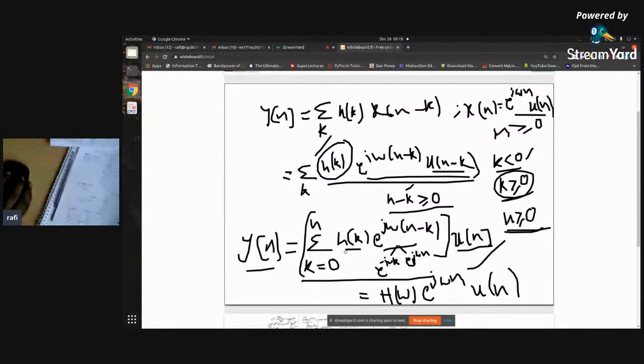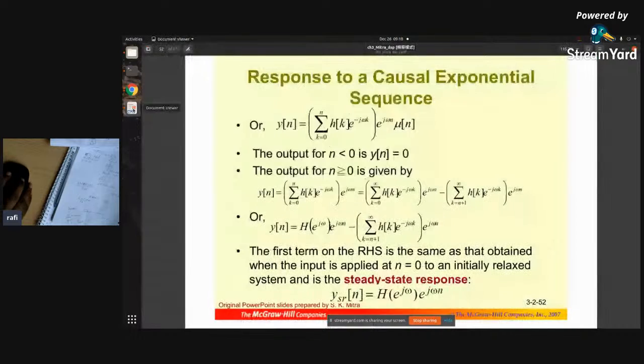The summation of h of k e power minus j omega k, k equal to 0 to n, we call H cap of omega, but it is not the actual DTFT of h of k. So that is the steady state response of this one.